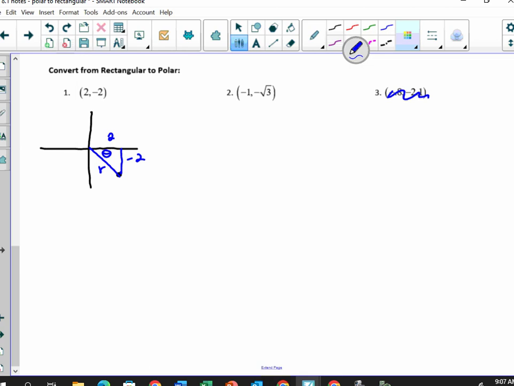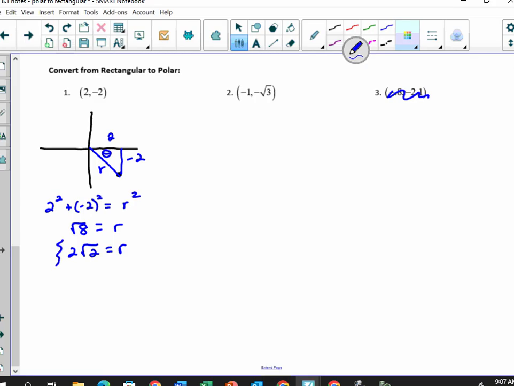So how can I find r? Pythagorean theorem, right? 2 squared plus -2 squared equals r squared. Square root of 8, 2 root 2. All right, we've got our r.